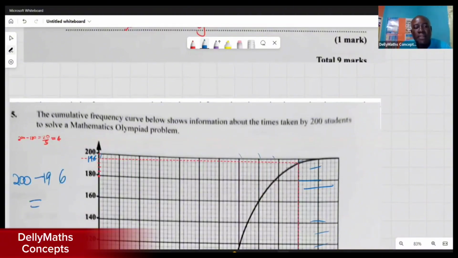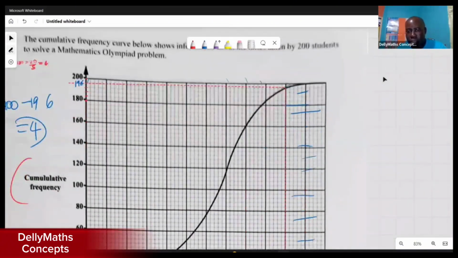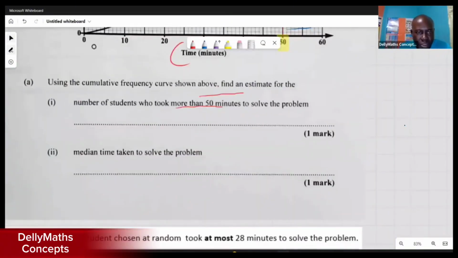So you want to know how many of them went over there, and the answer is 4. So 4 students would have gone over the 50 minutes.